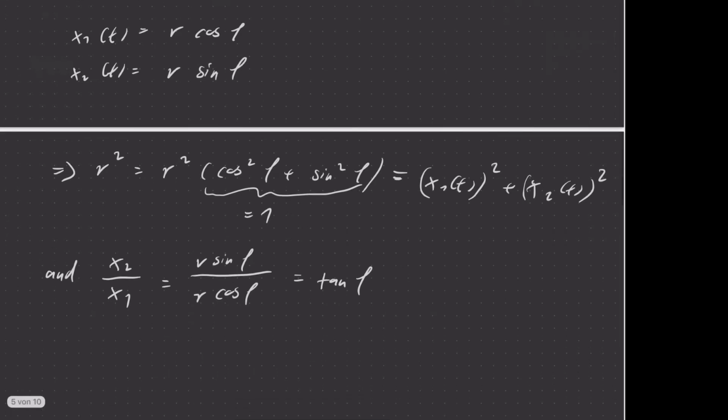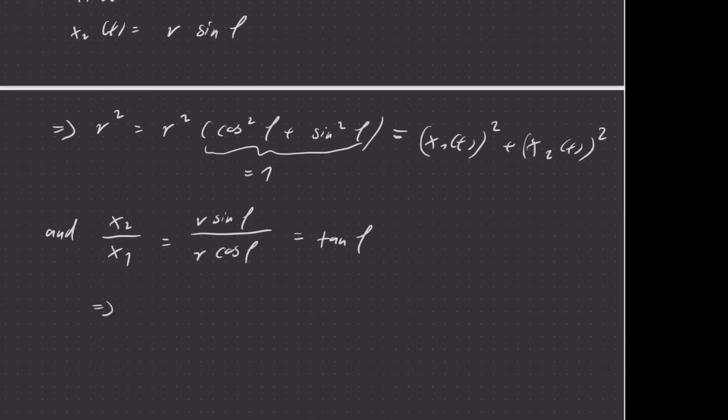That, on the other hand, means that under certain circumstances, with suitable restrictions on the values that are possible, the angle phi, or one possible angle phi, can be computed as the arctangent of x2 over x1.